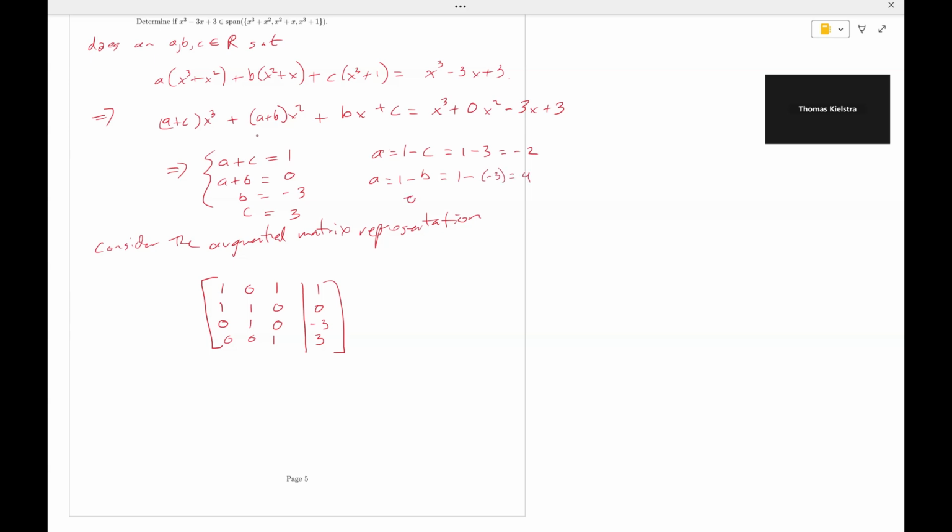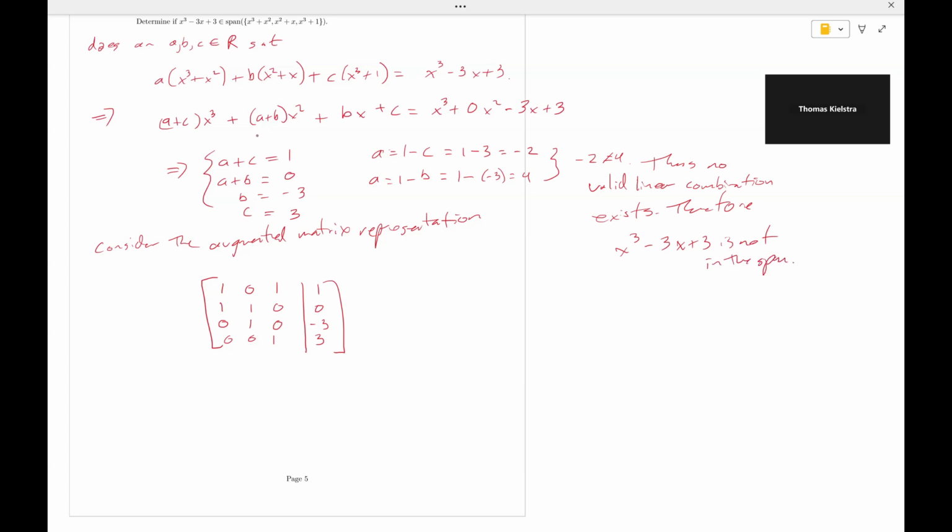But minus 2 does not equal 4. Thus, no valid linear combination exists. Therefore, x cubed minus 3x plus 3 is not in the span.